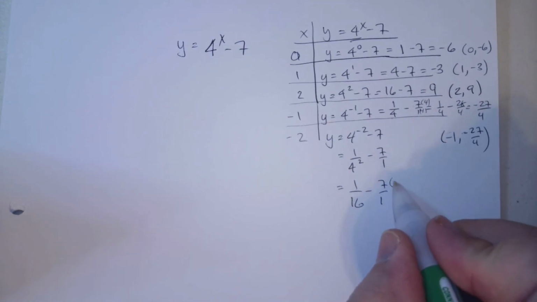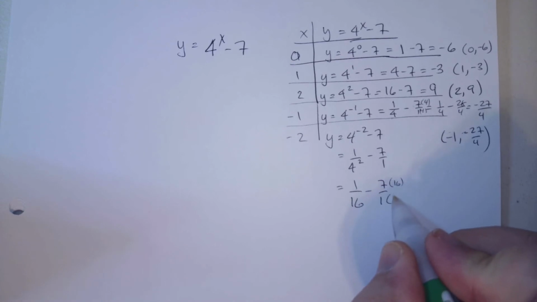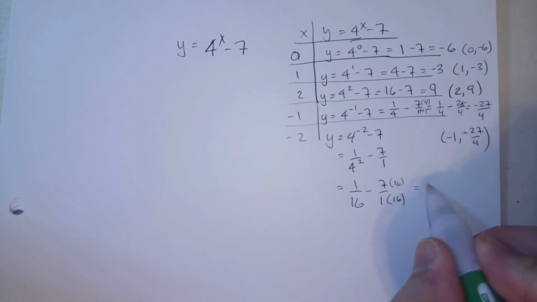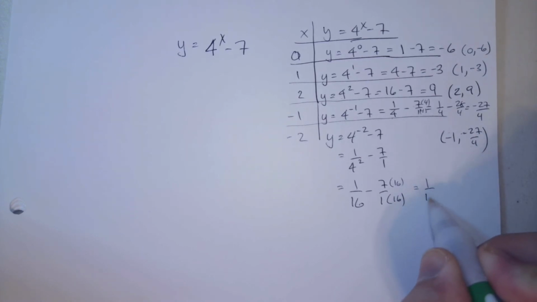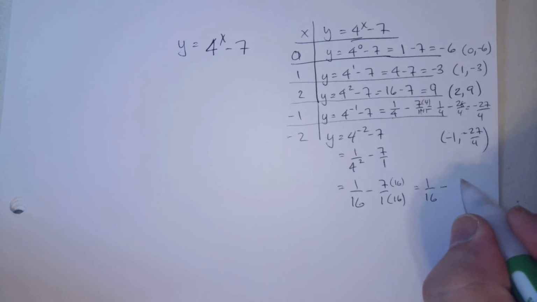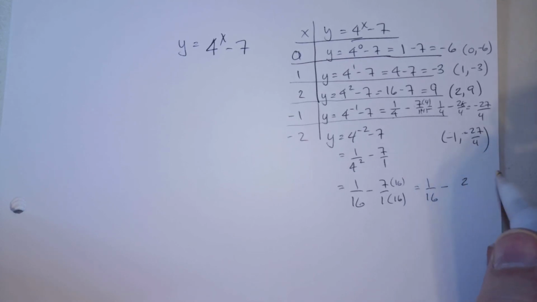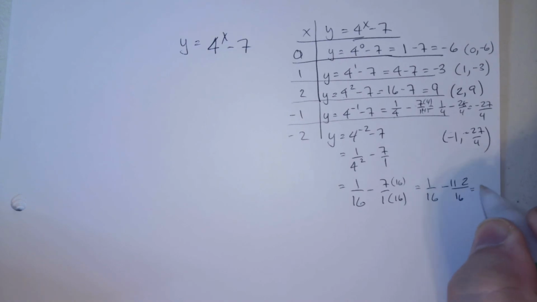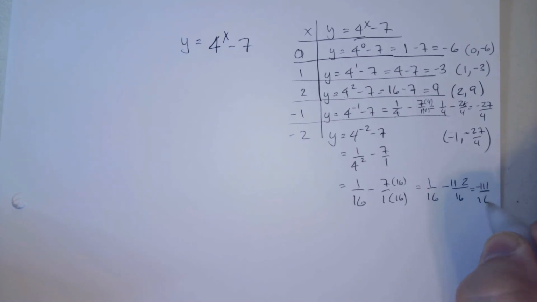Common denominator: multiply this side by 16 over 16. So it's 1 over 16 minus 112 over 16. So it's negative 111 over 16.